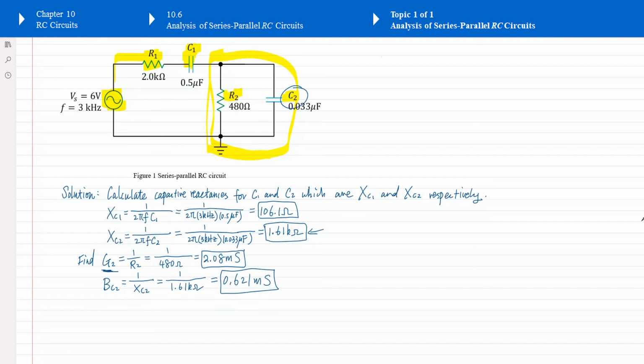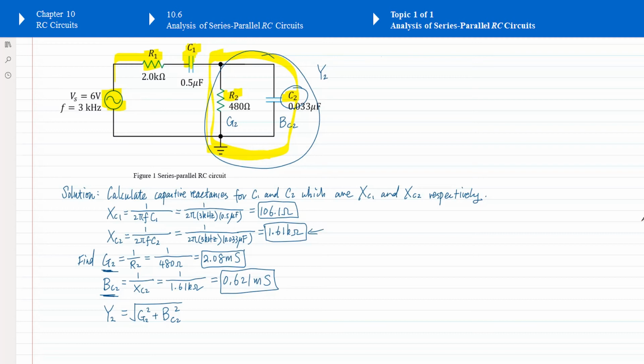We have conductance and also capacitive susceptance. We can find the admittance for branch 2. This is the square root of G2 squared plus BC2 squared. G2 is the conductance for the resistor, and BC2 is the capacitive susceptance for capacitor 2.